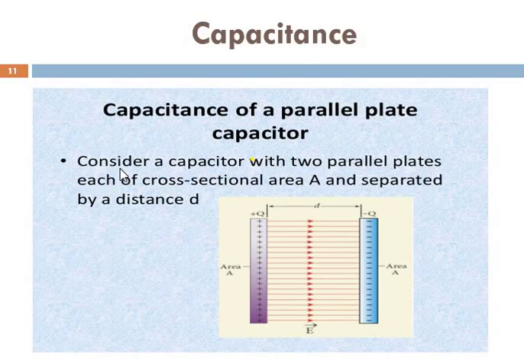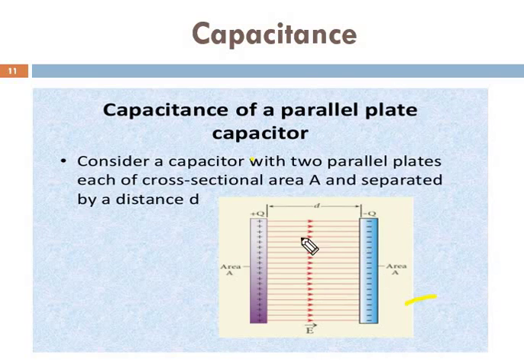In this slide, we will calculate the capacitance of a parallel plate capacitor. In this figure, we have two plates. One is positively charged and the other is negatively charged, so the electric field is directed from the positive plate towards the negative plate.